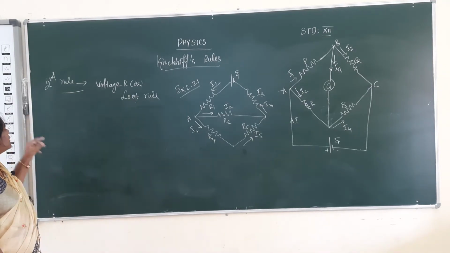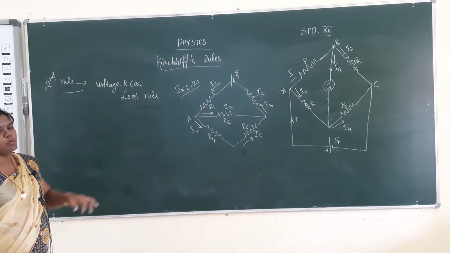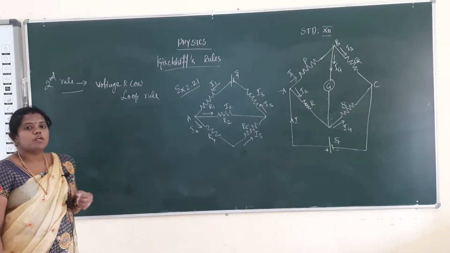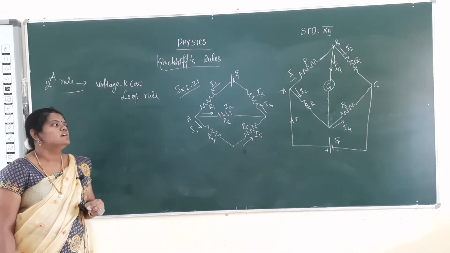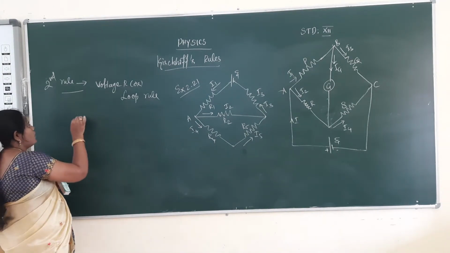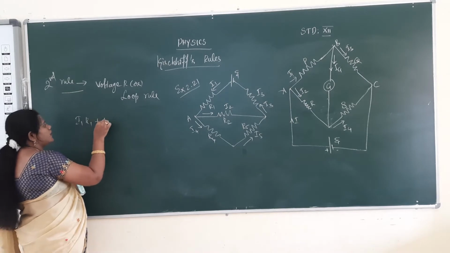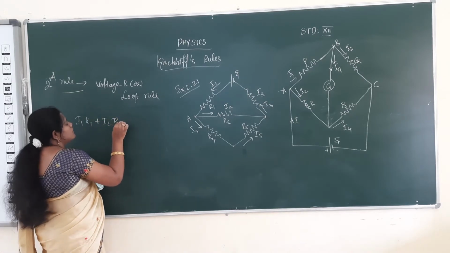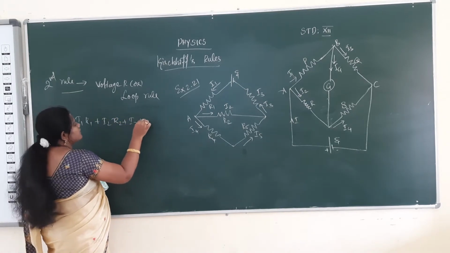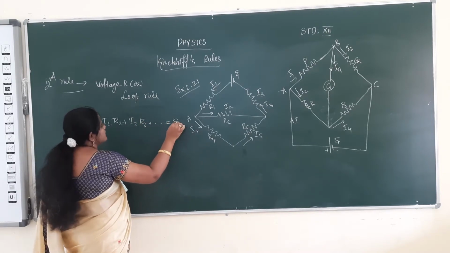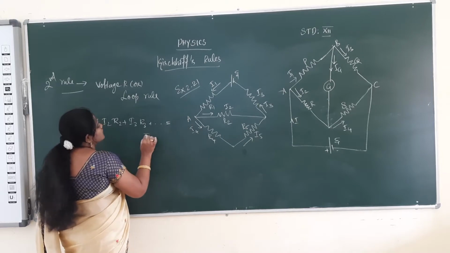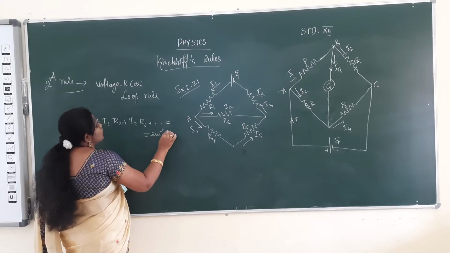Kirchhoff's second rule, the voltage rule or loop rule, says that the sum of the products of current and resistance is equal to the EMF of the cell. So I1 R1 plus I2 R2 plus I3 R3 and so on is equal to the EMF, or voltage, of the cell.